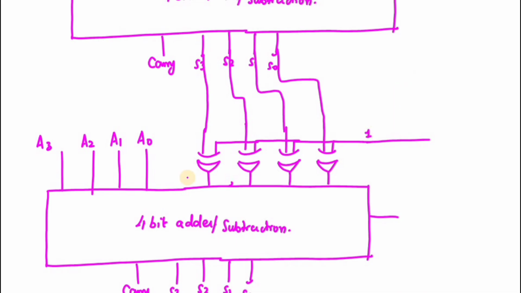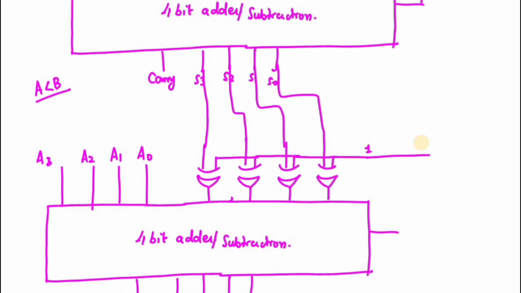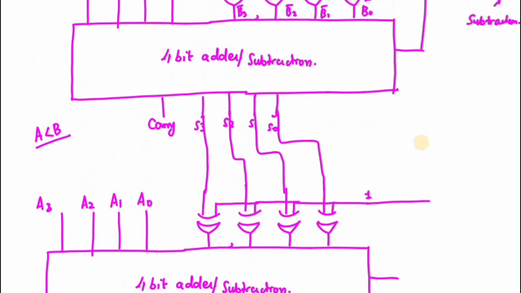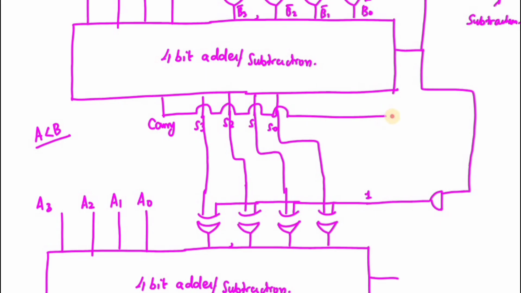So this will happen only for the option where this is 1, and this must be equal to 0. So I have to include one AND gate. I'm going to invert this value and give it to this AND gate.